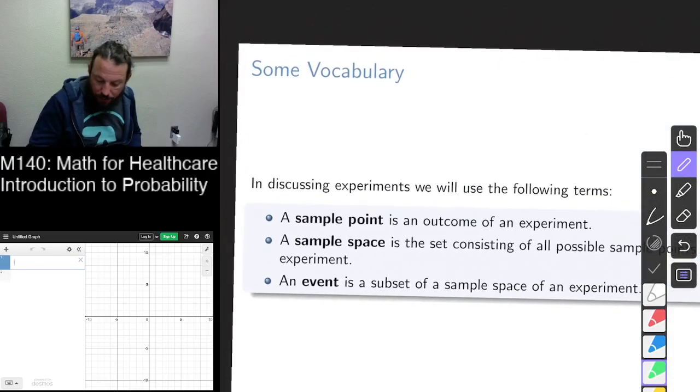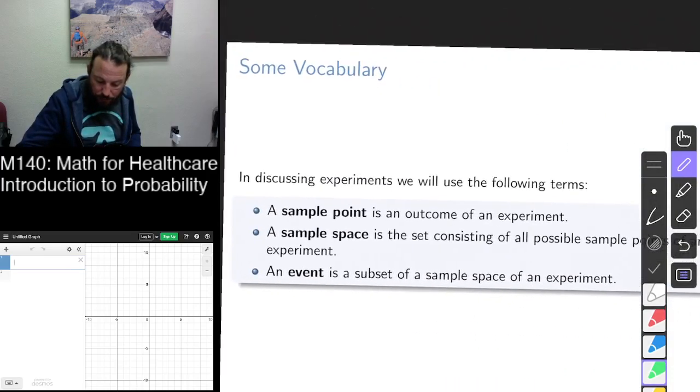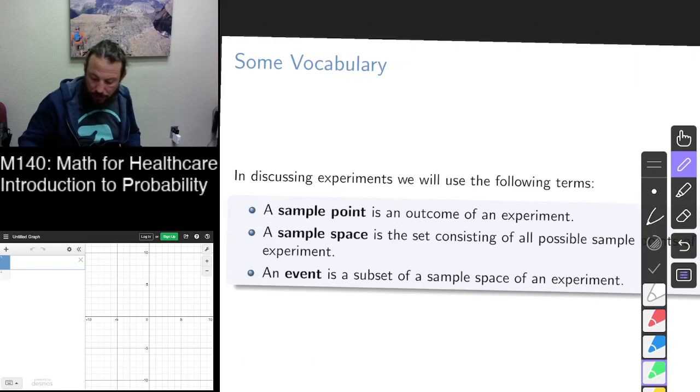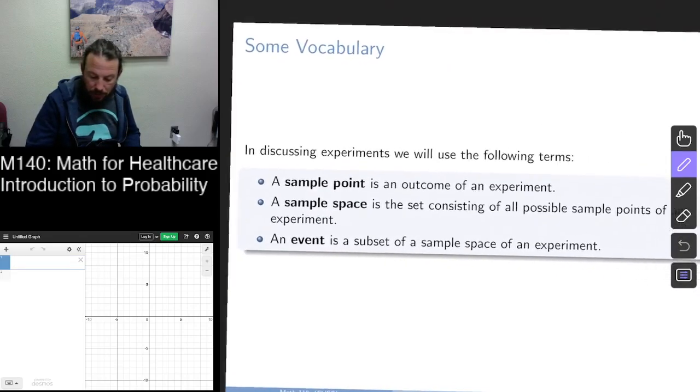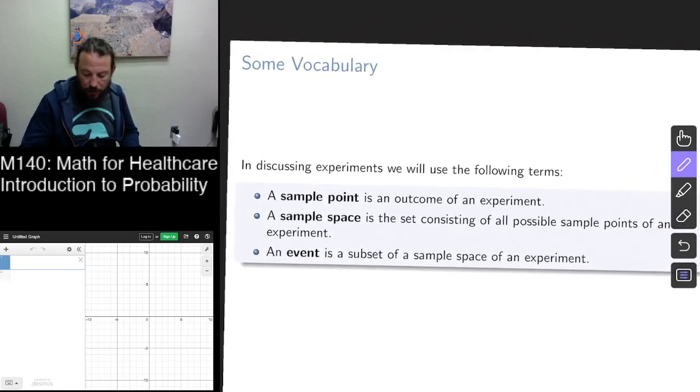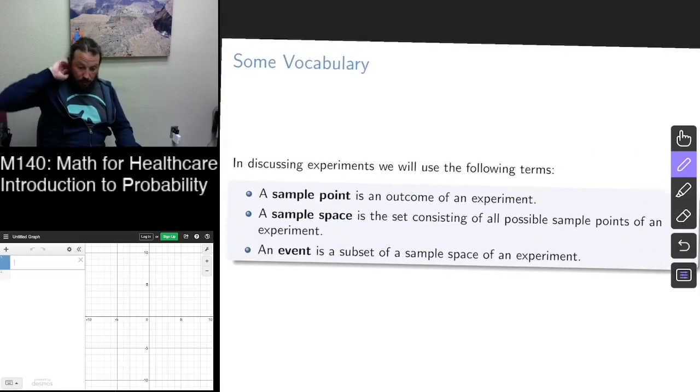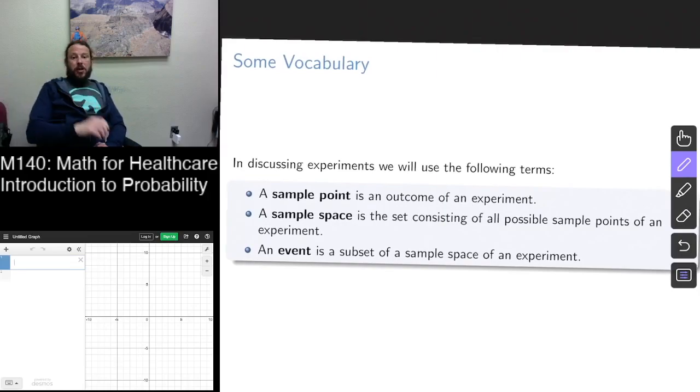All right, some vocabulary first. Sorry, it's a little crooked, but we're going to deal with it. In discussing experiments, we'll use the following terms. A sample point is an outcome of an experiment. A sample space is the set consisting of all possible sample points of an experiment.